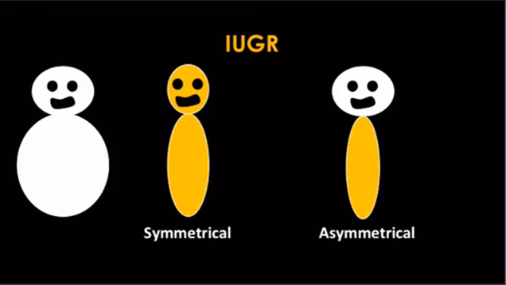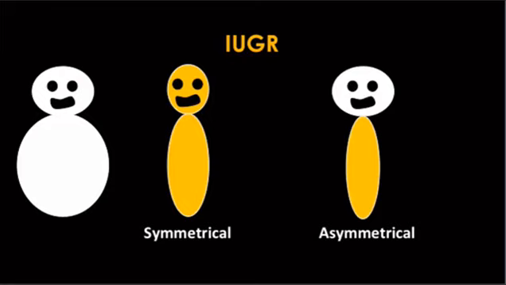So when you're thinking about the symmetric one, this is bad because the body's normal reaction is to protect the head. Always want to protect the head because that's where the brain is. So a preferential protection of the head.